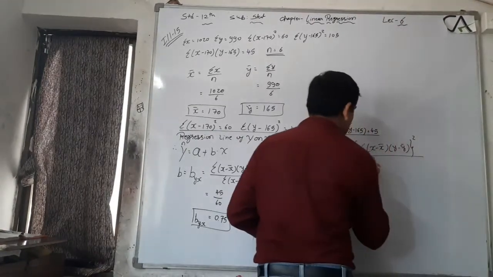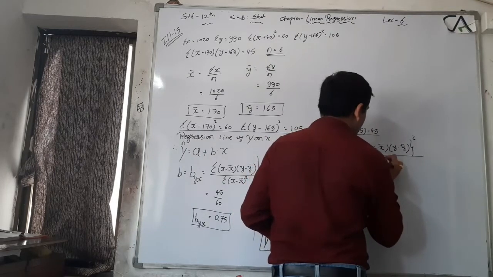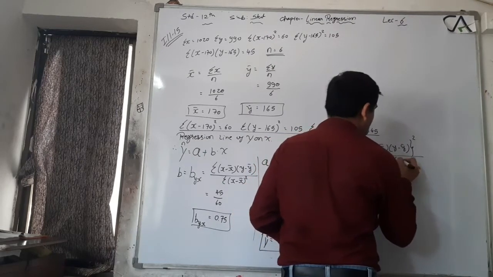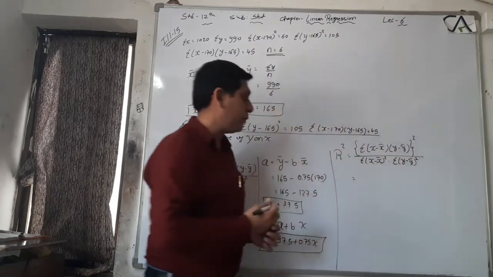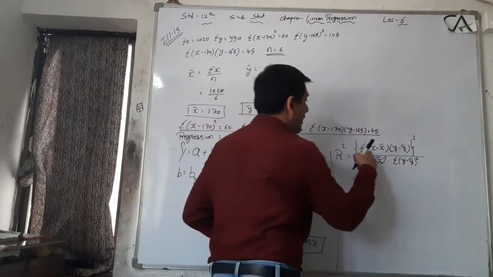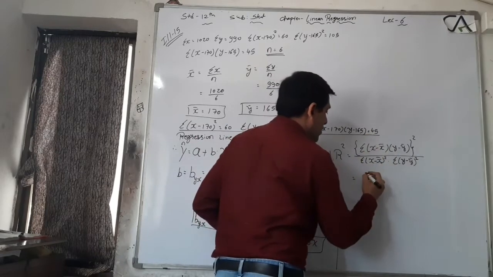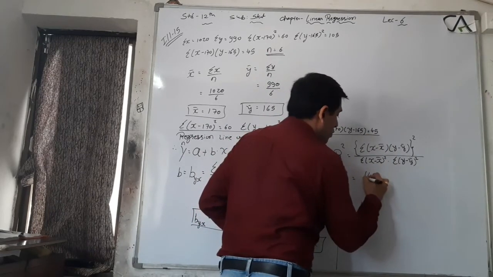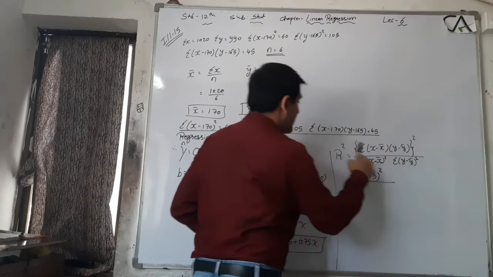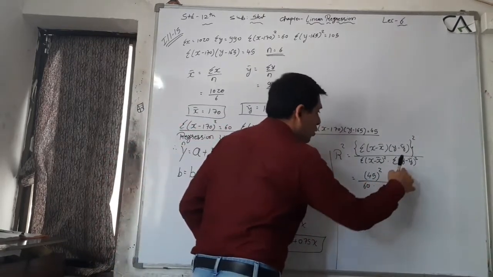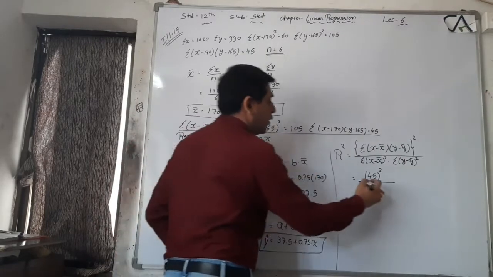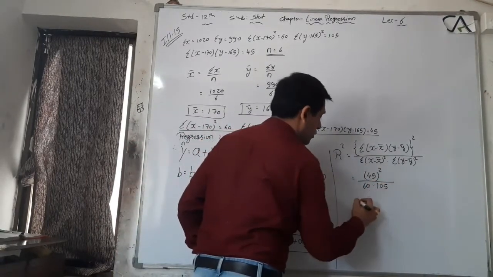So in the denominator, sigma (x minus x bar) whole square into sigma (y minus y bar) whole square. Okay, so the numerator is 45 whole square upon sigma (x minus x bar) square, which is 60, into sigma (y minus y bar) square, which is 105.